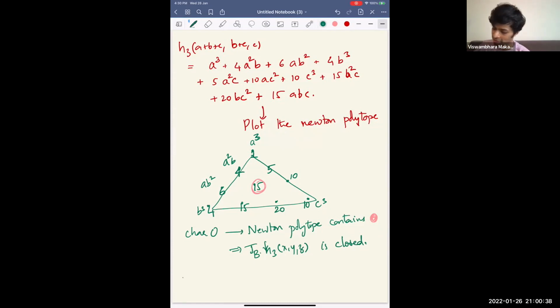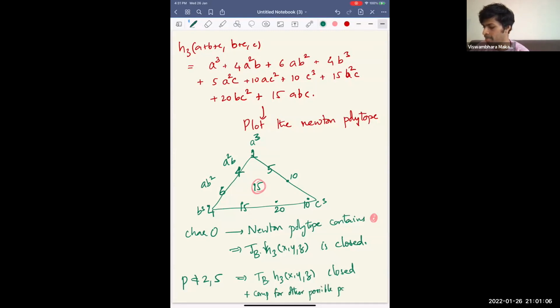So this already tells you that if the characteristic is not equal to 2 or 5, that implies this orbit is closed. This corresponds with the other parabolic computation that I said nothing funny comes out of, which you have to believe me, but you can just do it. All of this implies that the SL3 orbit is closed. Okay, so I'm going to write this down on the next page.